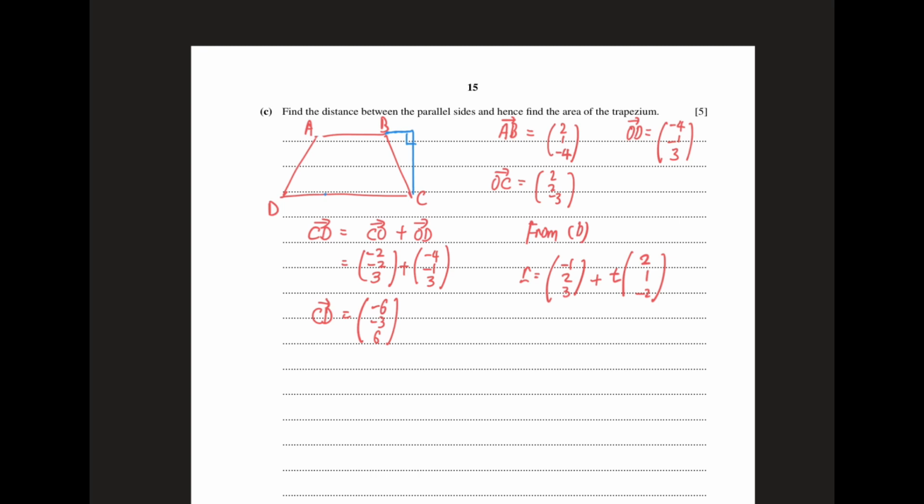The advantage of doing this is this point. Let's say I call this point E. Because it's on the same straight line, I can take its position vector as the right hand side of the vector equation. Any point on the line AB, even though you extend it, is still okay.